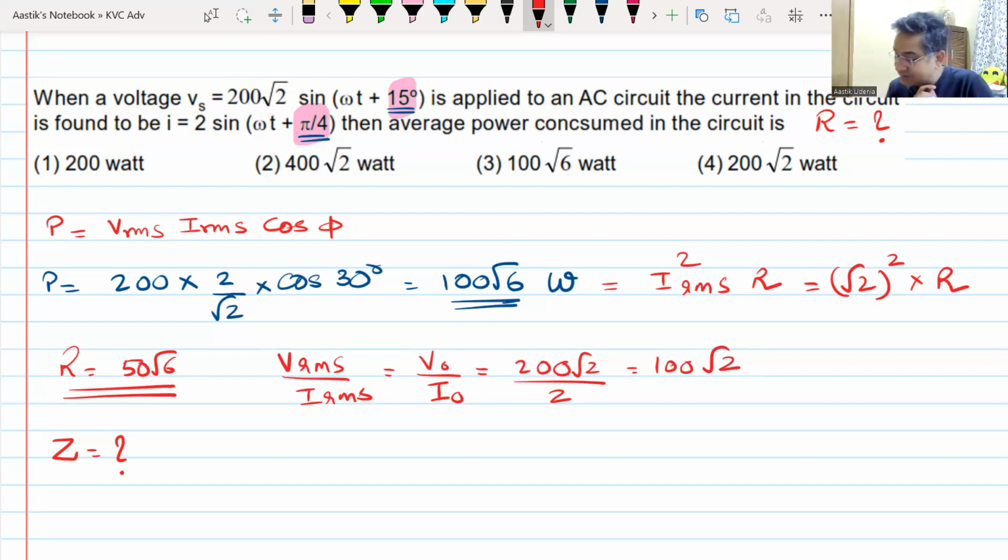Do we understand this? Yes. We could also have found R from R by Z equal to cos phi. Even that way, you end up with the same answer. So no matter how you do it, you always get the same answer. Do we understand this? Yes.